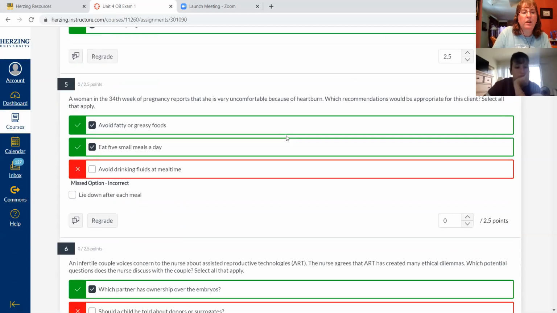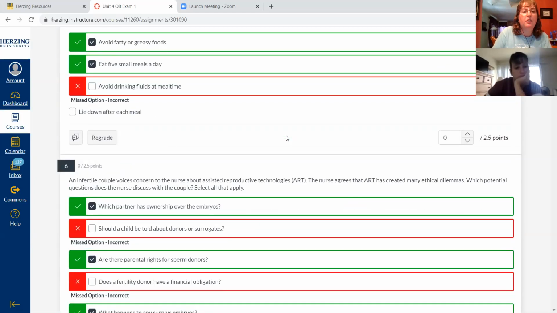So that's that one. This one here, an infertile couple voices concerns to the nurse about assistive reproductive technologies. The nurse agrees that these have created many ethical dilemmas. Which potential questions does the nurse discuss with the couple? So this should have been every one of them being right, which I know always throws people off because typically when you have a select all, you don't say yes to everything, which I hate that Herzing does that. I think that's so stupid.